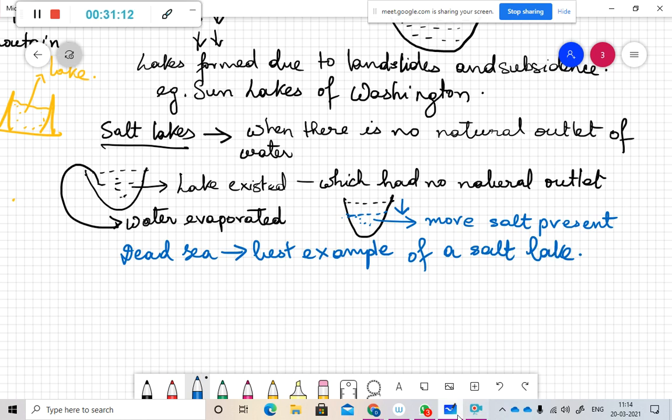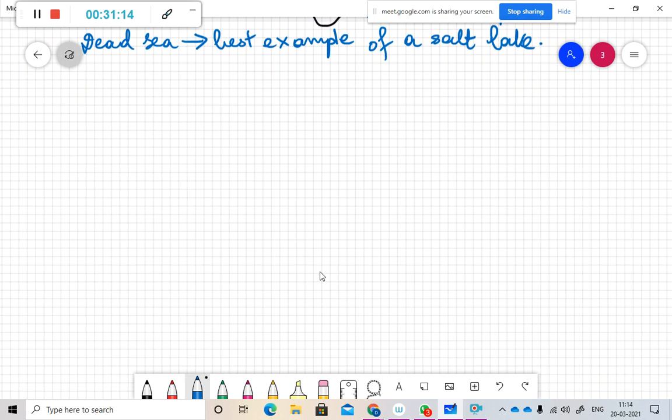Next we come across, let us talk about Oxbow Lake. So the Dead Sea is the best example of a salt lake.